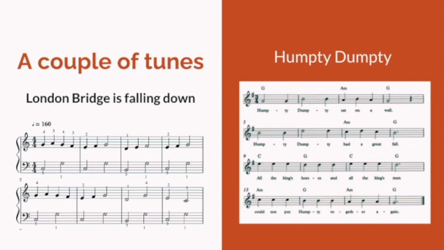It's not going to be a problem in this tune because we only have quarter notes and half notes, okay? Let's just have a little look at how the lyrics relate to the notes. If we were counting it, we would count it 1, 2, 3, 1, 2, 3, 1, 2, 3, 1, 2, 3.